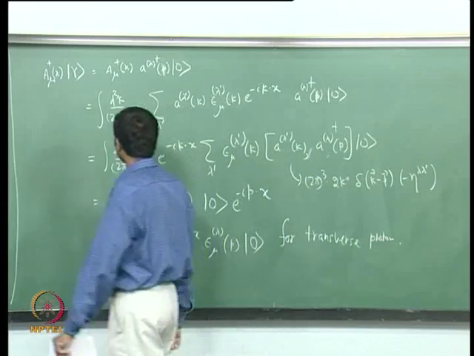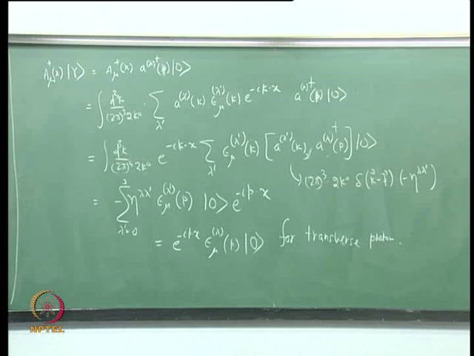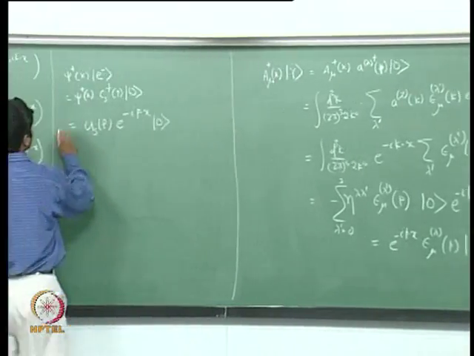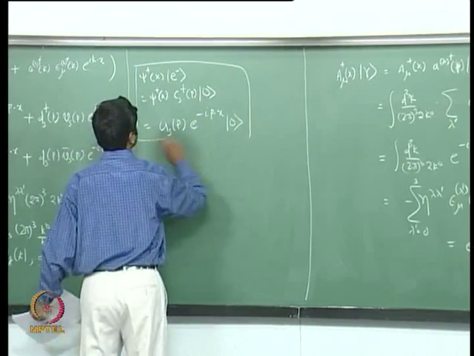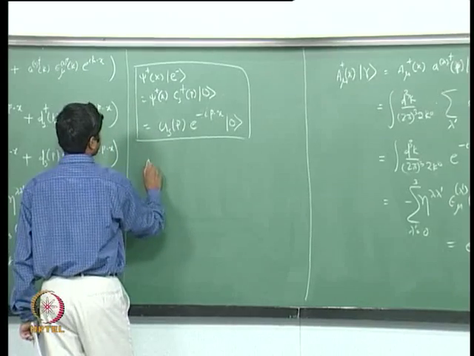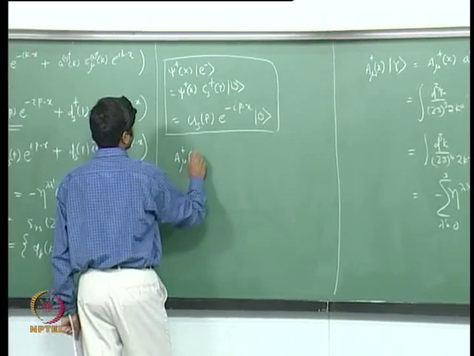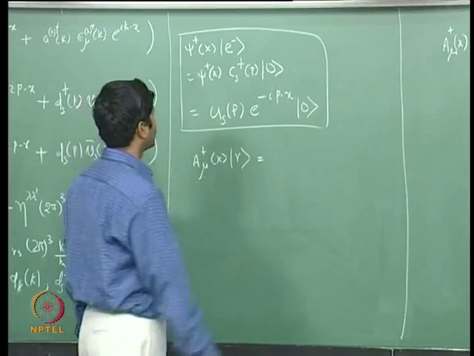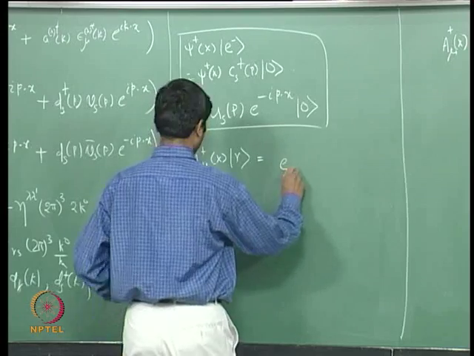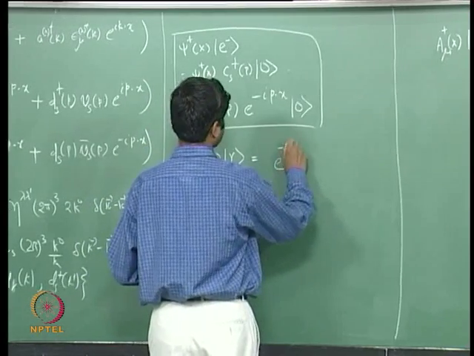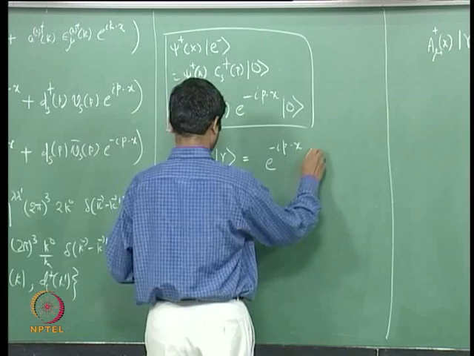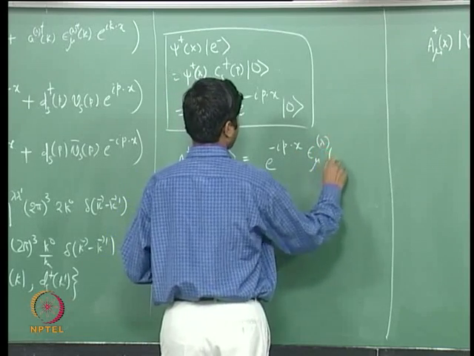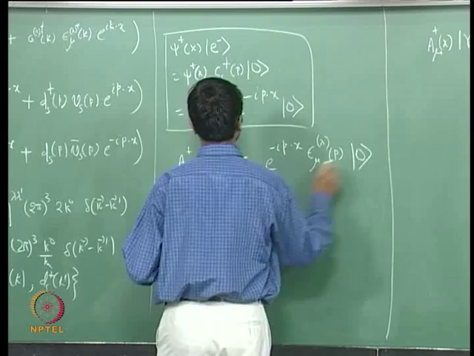So if you have the photon with a transverse polarization, then this is what you are going to get. So, let me summarize it here. This is what you will get for the electron, and for photons you will get A_μ^+(x) γ equal to e^{-ip·x} ε_μ^λ(p) and the ground state.